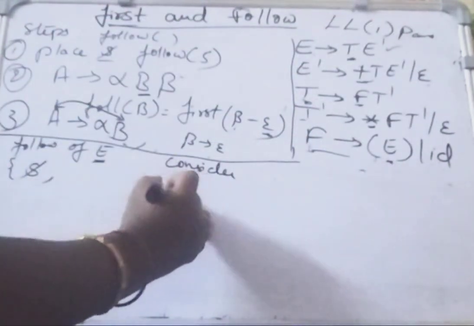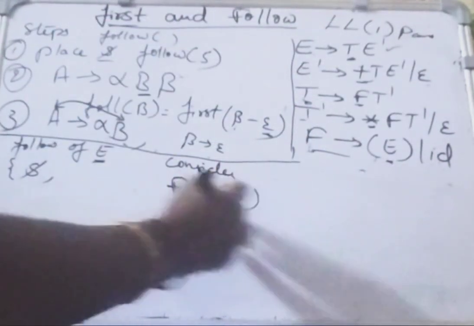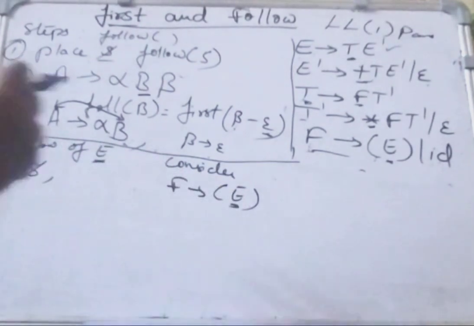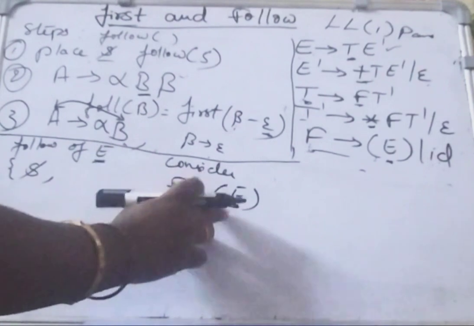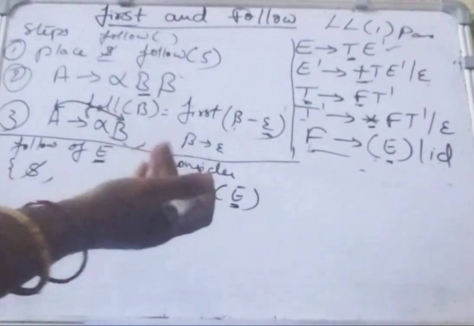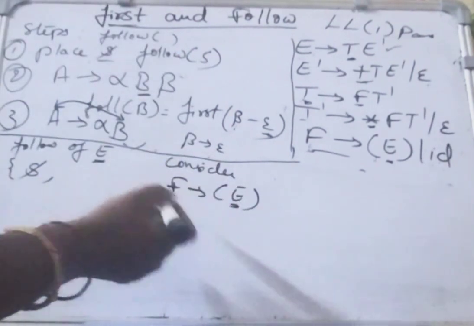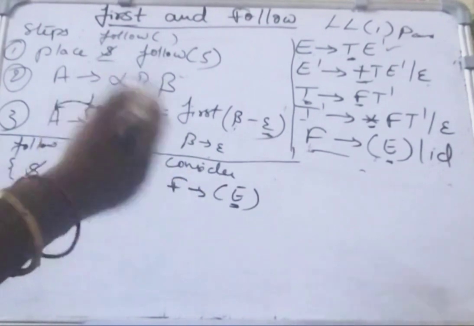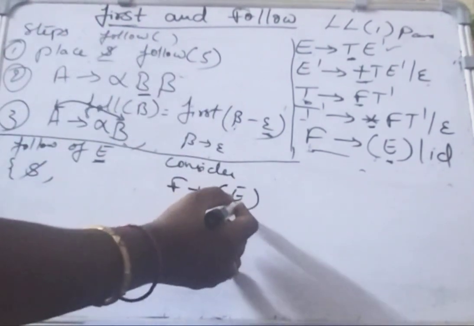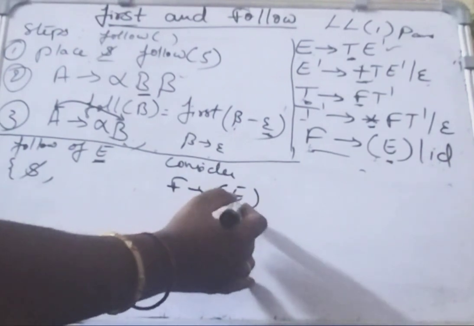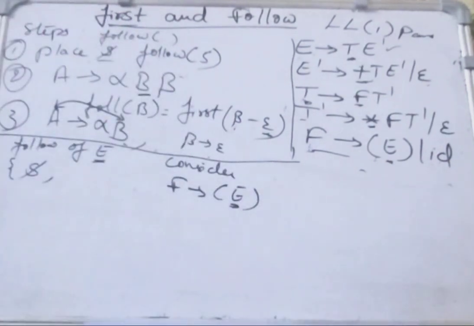Consider this production, F derives E. I have E here. Follow means which is the terminal symbol that is following E. That is the meaning actually. So in the blind method, if you want to do it, you have to observe which is the terminal symbol following, which is the suffix of this E.